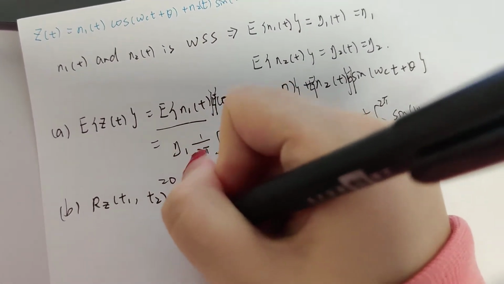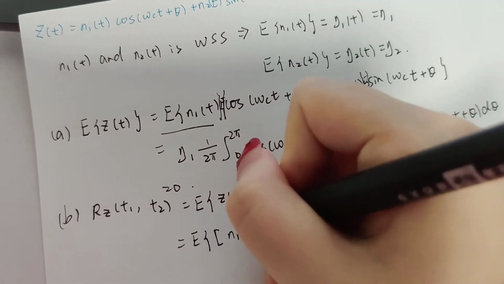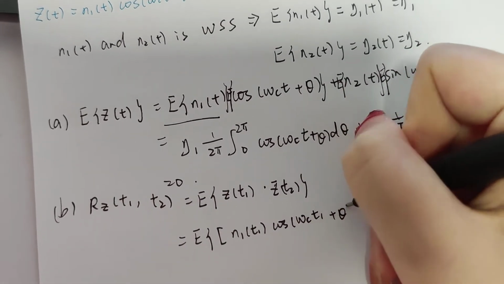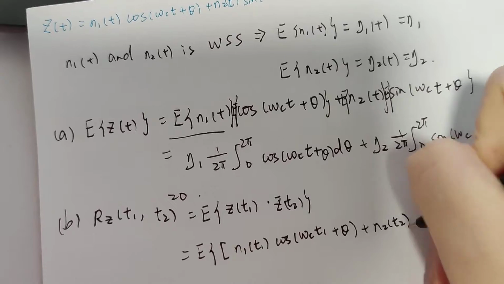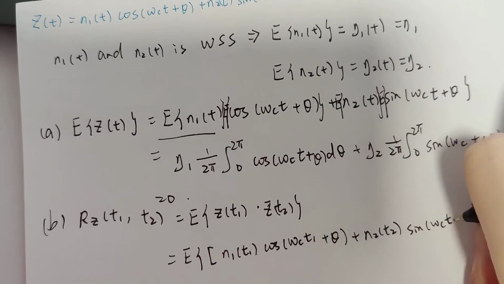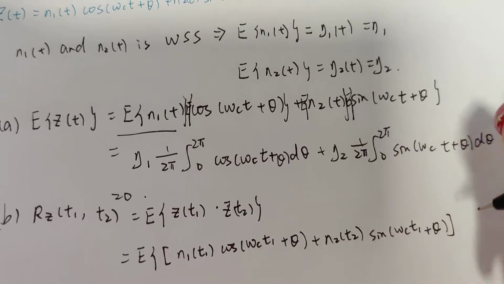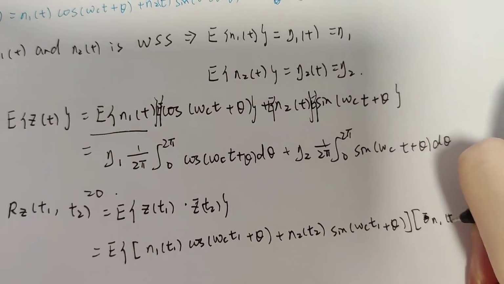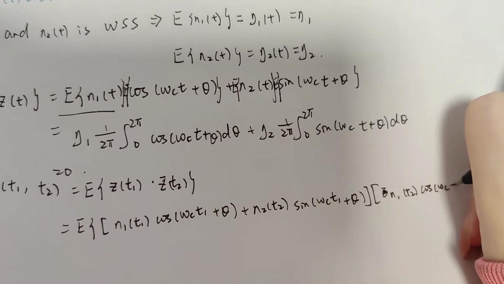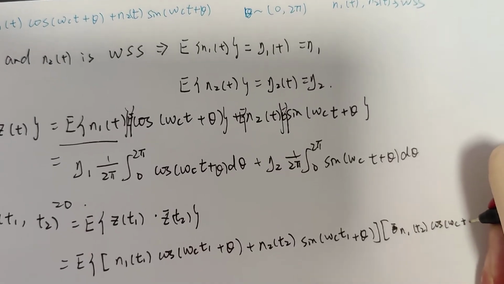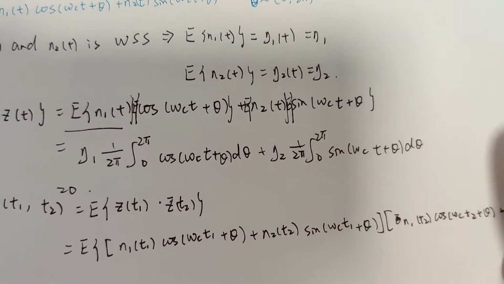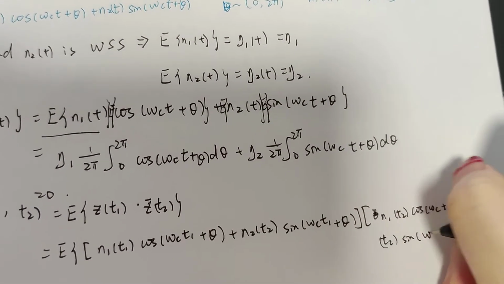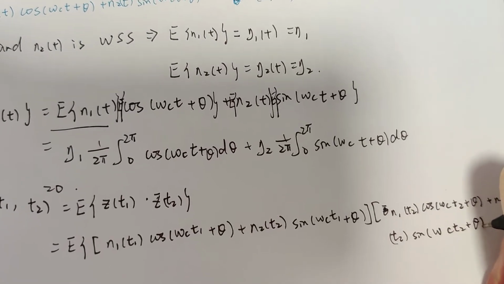This equals N1(t1) cosine(omega_c t1 plus theta) plus N2(t1) sine(omega_c t1 plus theta), multiplied by N1(t2) cosine(omega_c t2 plus theta) plus N2(t2) sine(omega_c t2 plus theta).